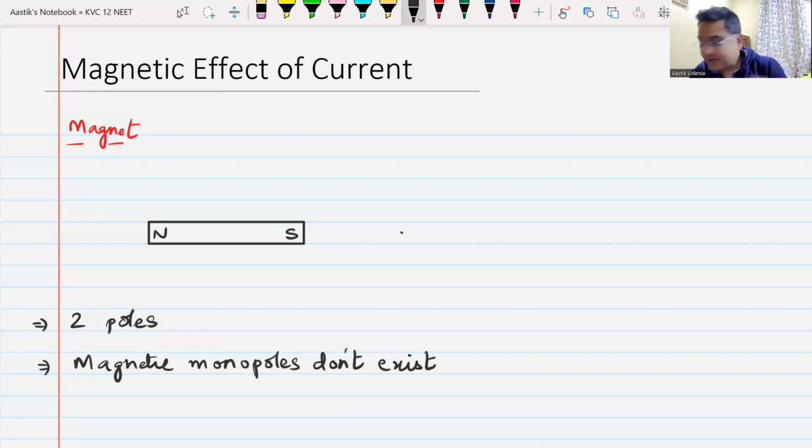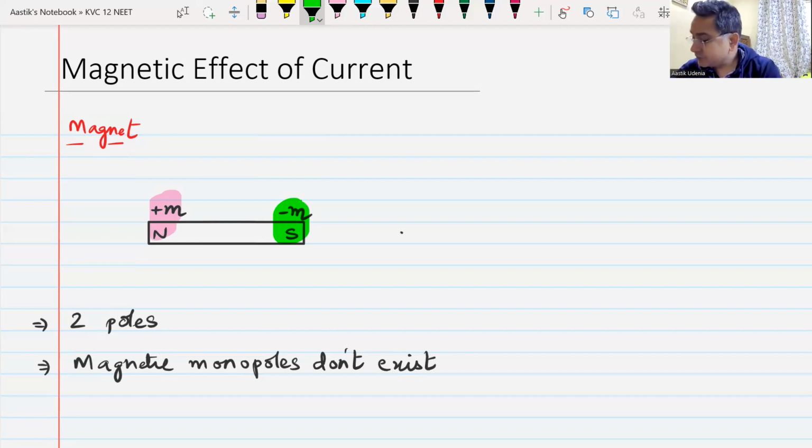Now, since there is a pole, every pole has a pole strength. The north pole is given positive pole strength. We just assume that the north pole is positive, and the south pole is taken as negative. So the north pole, if I call it plus m, the south pole becomes minus m.